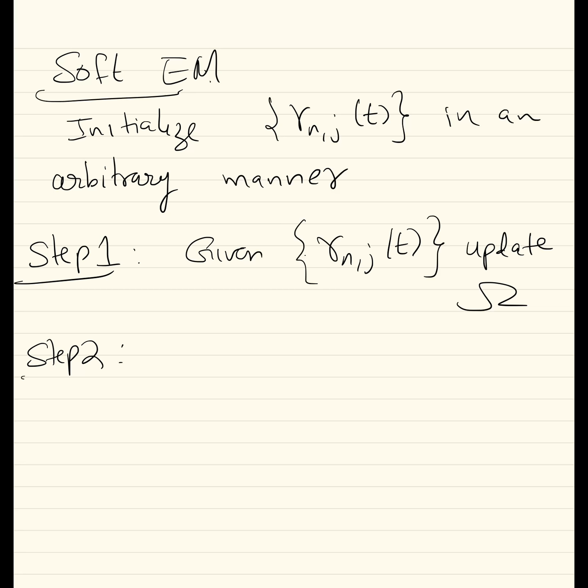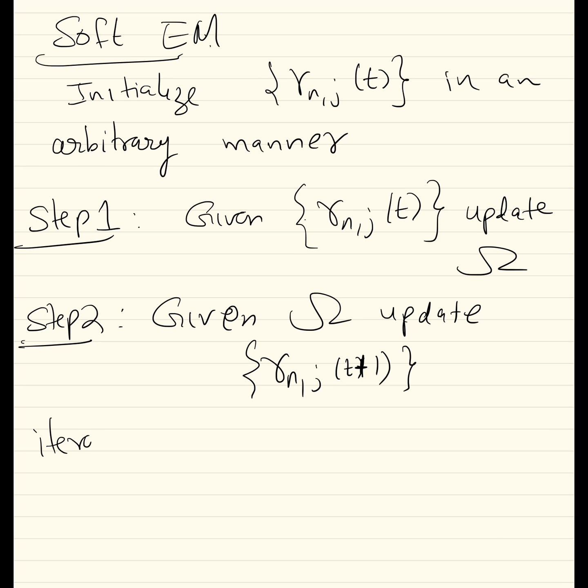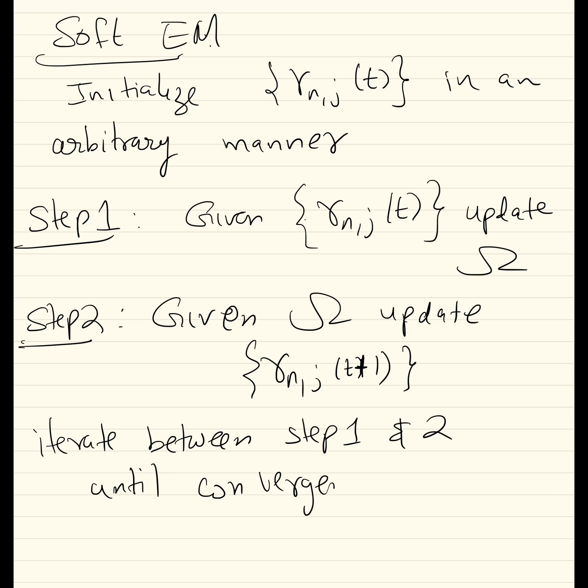Step 2 is given omega, you update gamma n j of t plus 1 now. And you iterate between step 1 and 2 until convergence is reached.